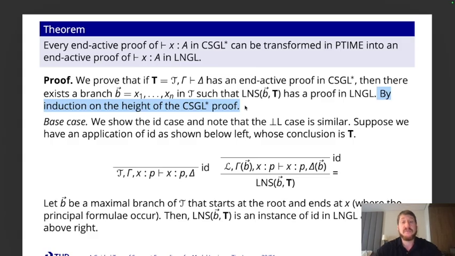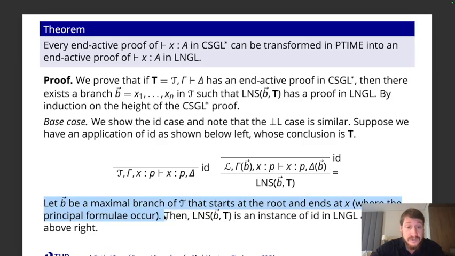Okay? So in the base case, we assume that the height of our tree sequent proof is 1. So it's an instance of ID or falsum left. I'm going to show the ID case. So suppose we have a tree sequent proof of height 1, an application of ID. And what I need to do is find a branch B such that if I plug this tree sequent with B into the LNS function, the result is a provable line sequent. Well, it's not hard to see what branch you ought to choose.